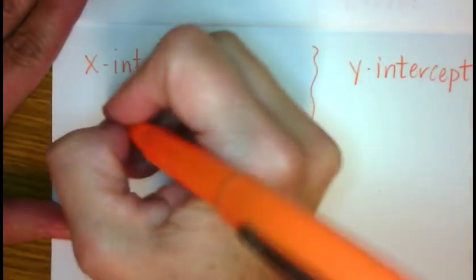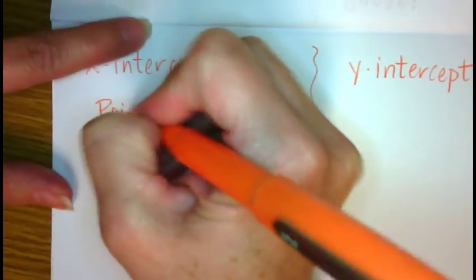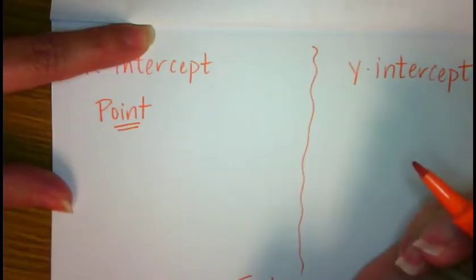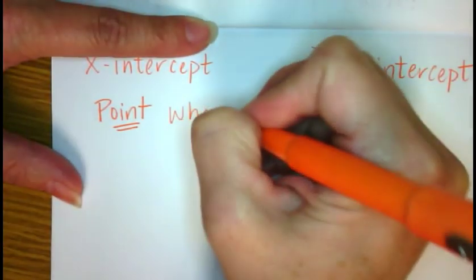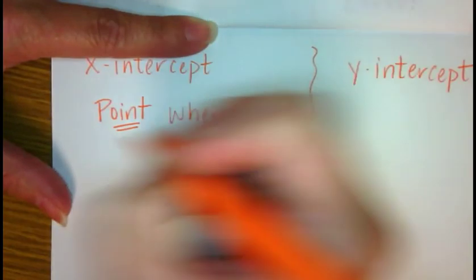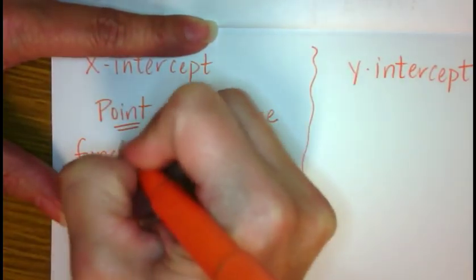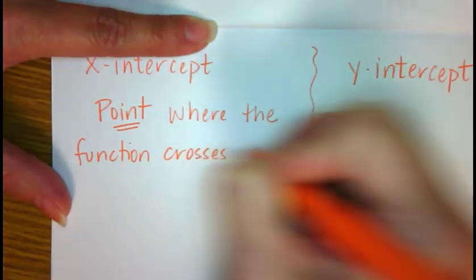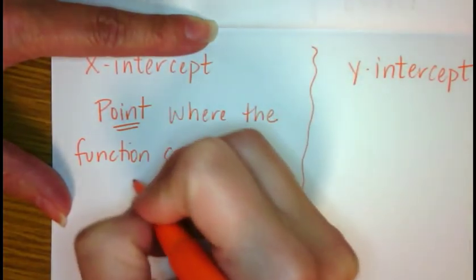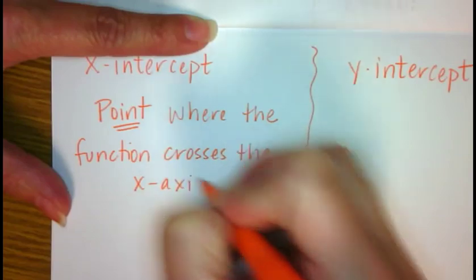So for the x-intercept, it is a point. So that means it's an ordered pair. It is a point where the function crosses the x-axis.